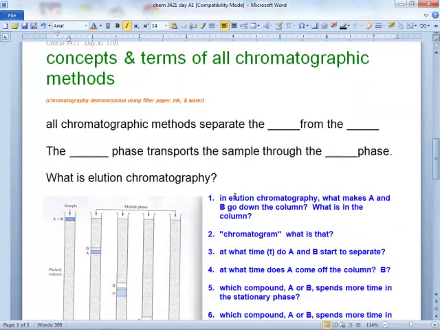Okay. Concepts and terms of all chromatographic methods. All chromatographic methods separate what from what?